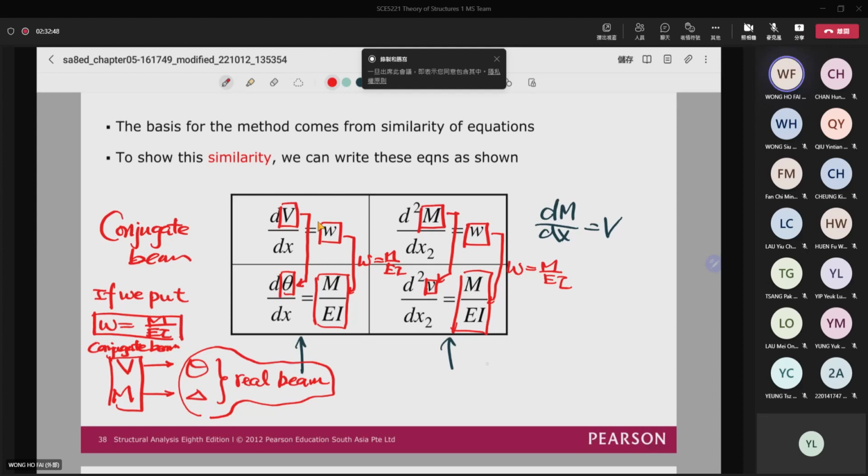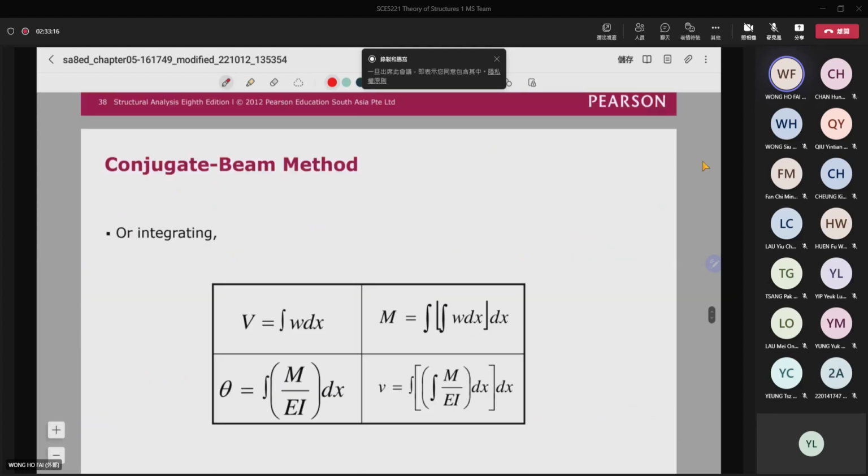Say we have a real beam here, and then I have a so-called conjugate beam. The shear of the conjugate beam will be equal to the slope of the real beam, and the moment of the conjugate beam will be equal to the deflection of the real beam. So it is something like that.